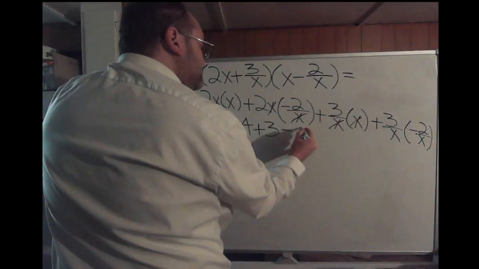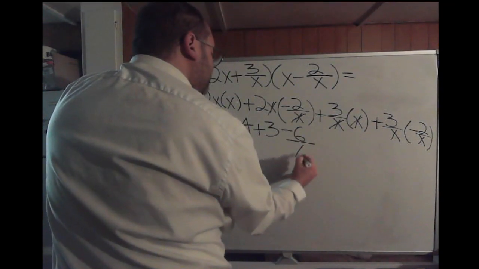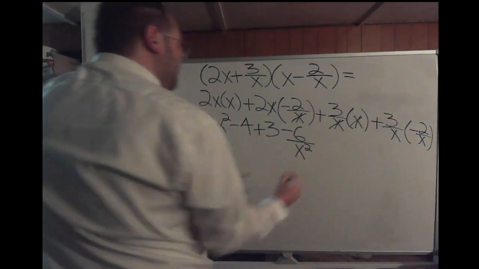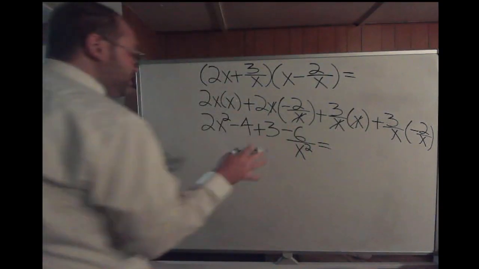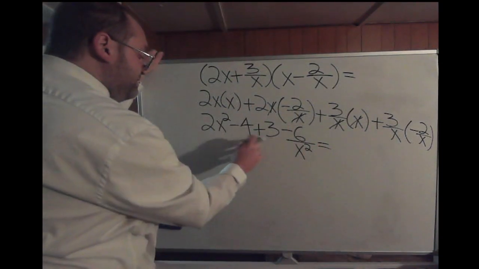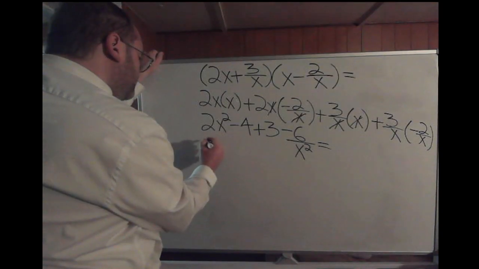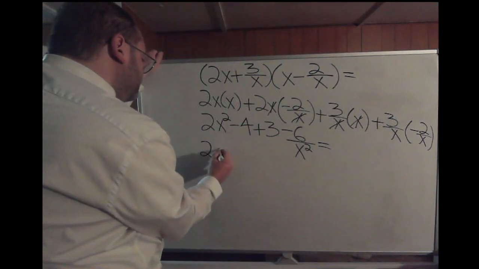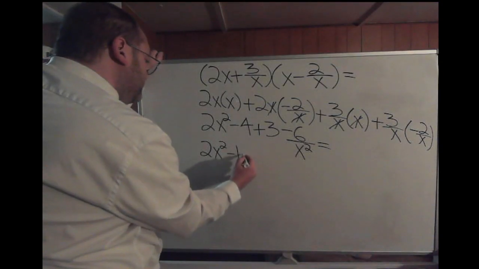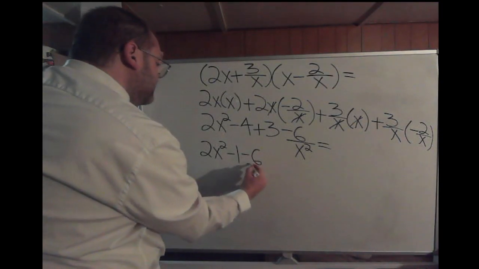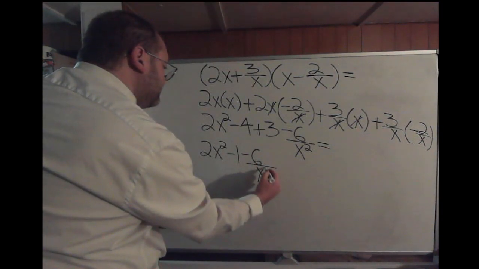Well, that'd be minus 6 over x to the 2nd. All right, well, we could simplify this before we do anything with denominators. Negative 4 plus 3, that's negative 1. You'll end up having 2x to the 2nd minus 1 minus 6 all over x to the 2nd.